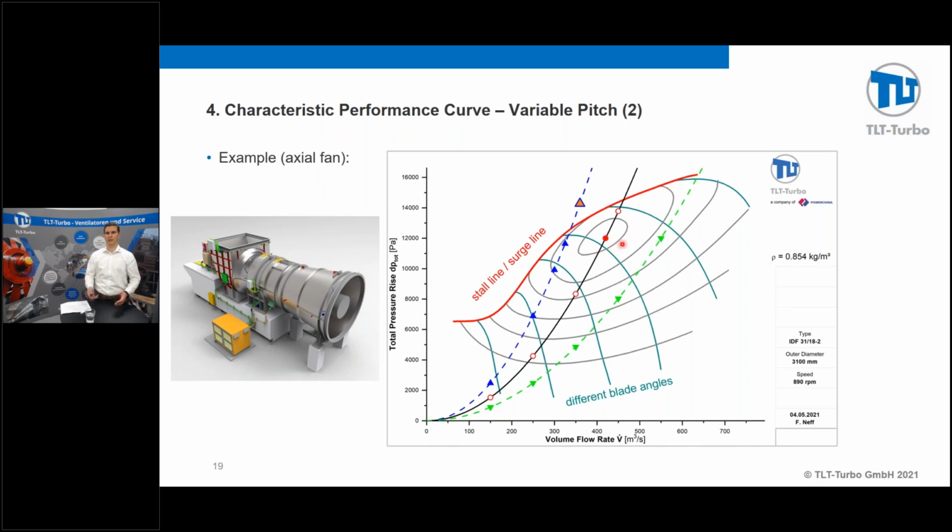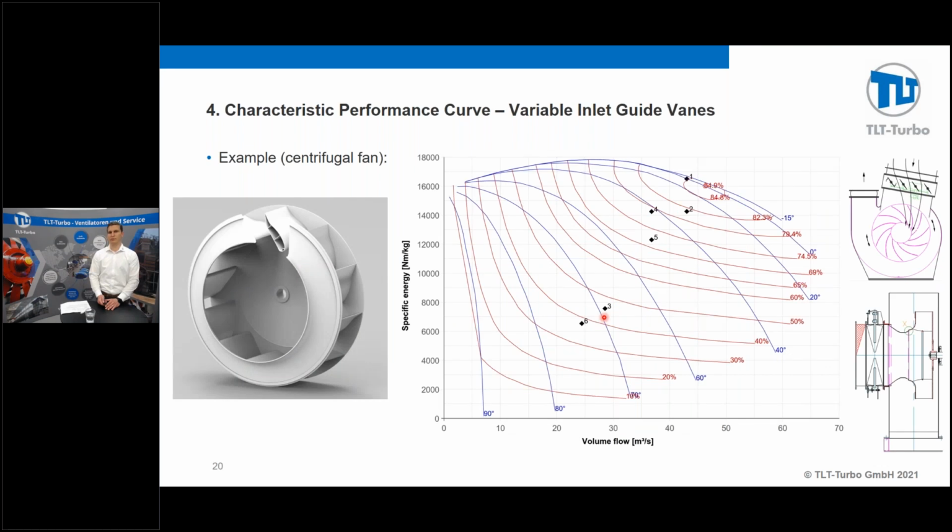But if the resistance now changes, let's say it decreases, so we have the green curve. So for 400 cubic meters per second volume flow, we would need to adjust the blade angle accordingly. So that's one way to control an axial fan.